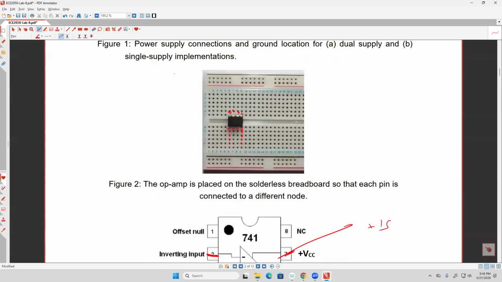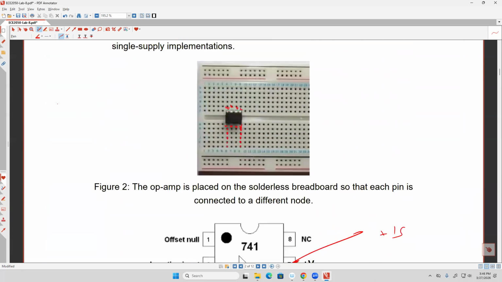So now, the way we usually do it, guys, to avoid confusion, because this is a very important thing. I'm going to tell you something funny. When I was a student, one time I did not pay much attention to the value of the power supply. I just connected it.